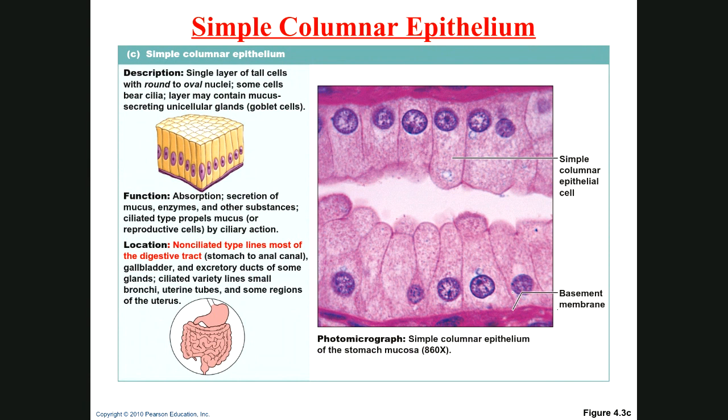Okay, so these little cells are going to secrete digestive enzymes that are going to break up the food into small particles. Those small components are going to go through the little cells and be absorbed by blood vessels in the connective tissue underneath this epithelial tissue. So that's why the function is absorption and secretion.